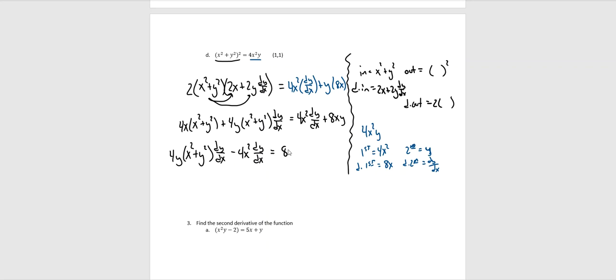We have an 8xy already on the right, and we will subtract 4x times x squared plus y squared. Remember, when we factor out our dy/dx, everything on the right is in the numerator. And I just don't feel like distributing here. X squared plus y squared is that nice little package that kind of came to us. So I leave it as often as I can in hopes it'll cancel out.